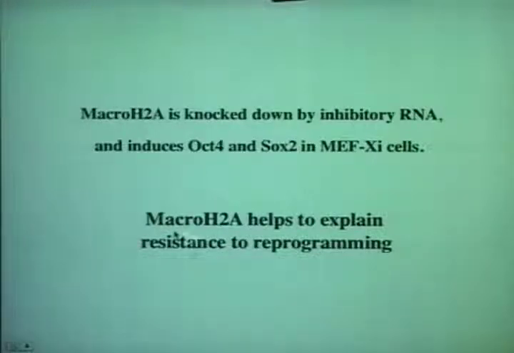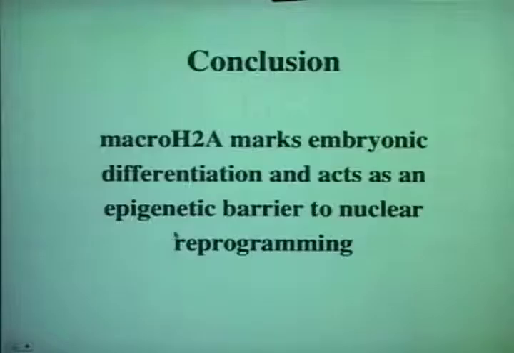So it says that macroH2A is one component which explains the resistance to reprogramming. So that's the conclusion. MacroH2A marks differentiation and acts as part of the resistance to reprogramming, and hence is a contributor to the stabilization of a specialized state.